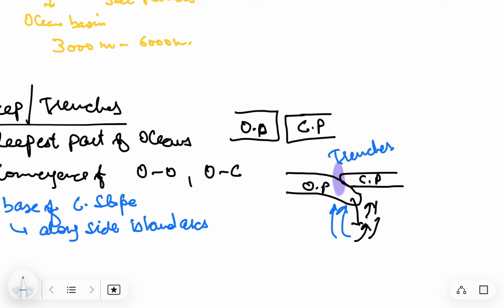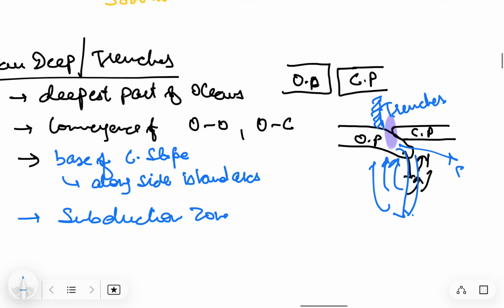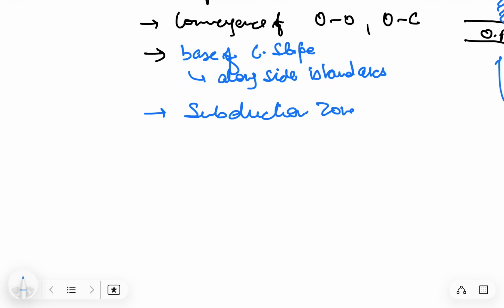So this will rise, again this part will subduct more, and this will again rise. Here we see the formation of the volcanoes, and trenches will be in the subduction zone. This is the subduction zone. So trenches are the sites of the subduction zone in plate tectonics.